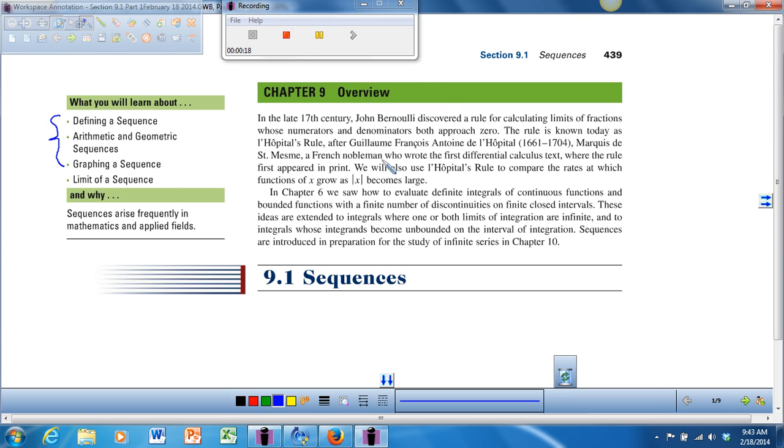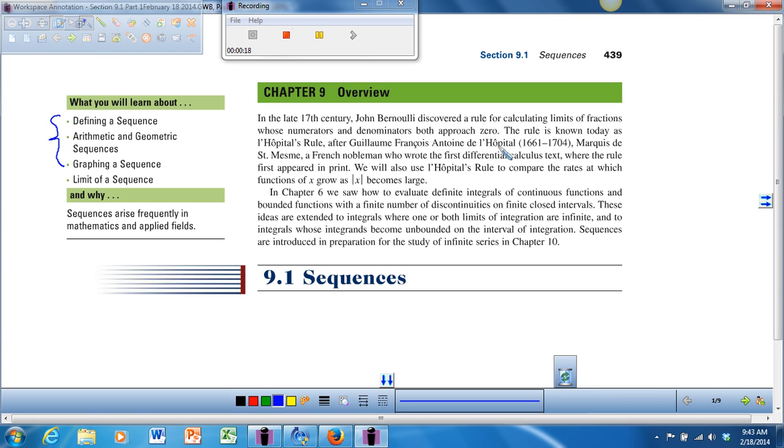Okay? I included this overview just because I thought it was kind of interesting. It's kind of telling us about the hodgepodge that is chapter 9. And it points out that we will be looking at L'Hôpital's rule, which is named after, I'm not even going to try, Guillaume Francois, what's that?